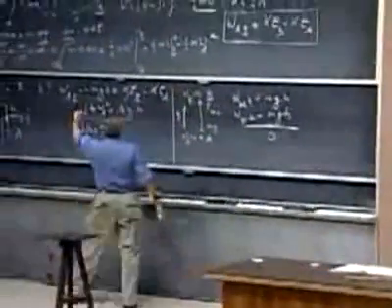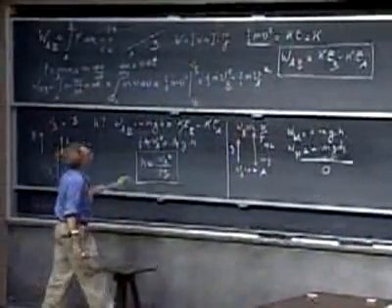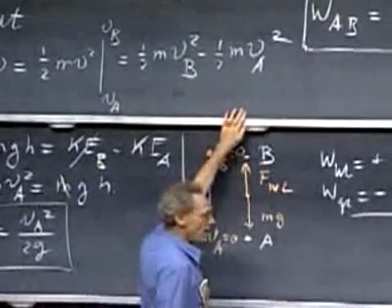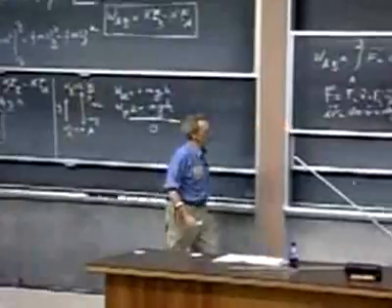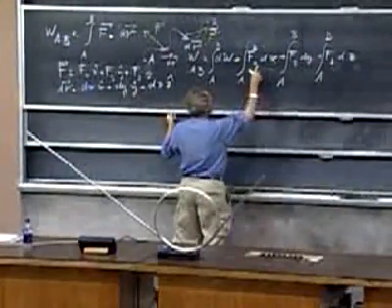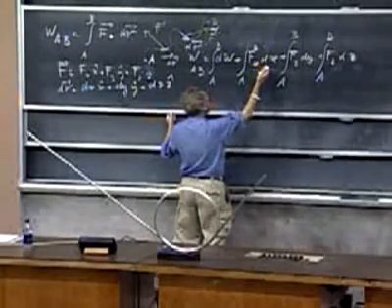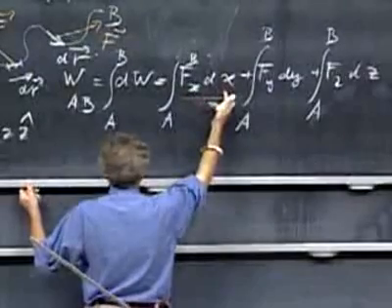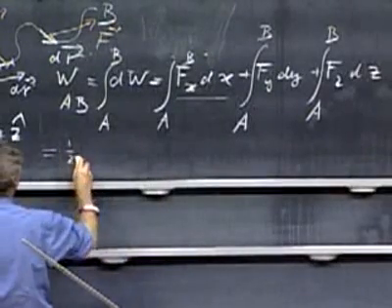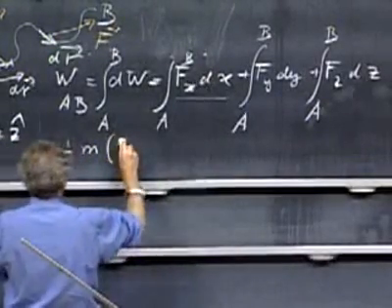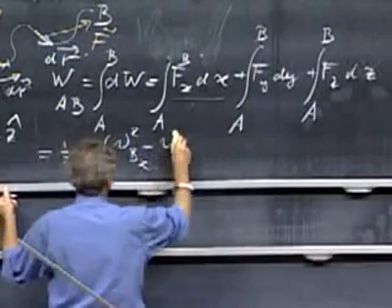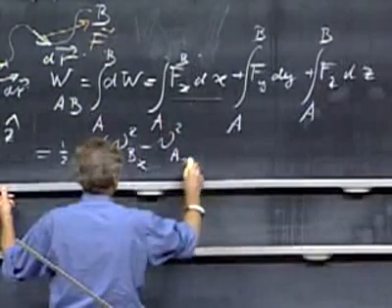The integral f dx we found is 1/2 m vb squared minus 1/2 m va squared, which in this case is obviously the velocity in the x direction, because this is a one-dimensional problem. And the one-dimensional problem indicates that the velocity that I'm dealing with is the component in this direction. So we have that this is 1/2 m vb squared, and this is the x component, minus va squared, and that is the x component.